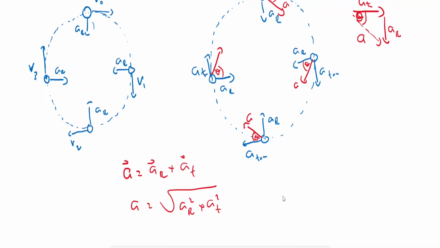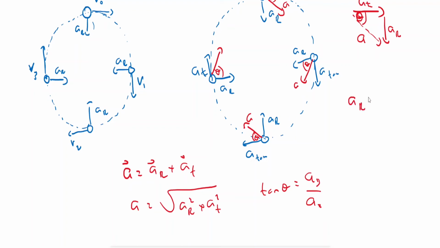You could also find the direction theta, but then you have to take whatever is on the y over whatever is on the x. For instance, here AT is on the x and AR is on the y. But here, AR is on the x and AT is on the y. So it changes, right? Since it's changing, you can't just say it's going to be AT divided by AR.